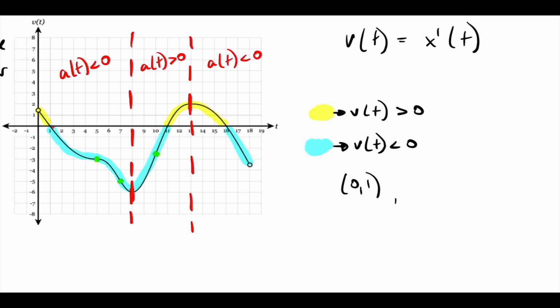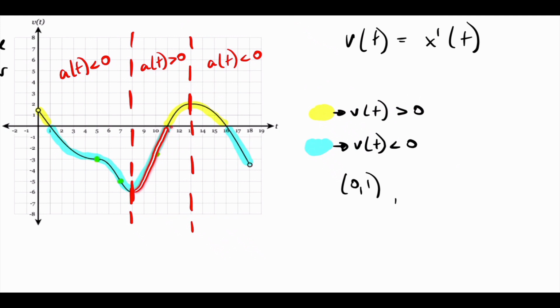And then velocity is negative, so is acceleration. I don't want that. I don't want the same sign. Okay, let's go to this one. In this little corridor, between the red, that's where acceleration is positive, right? So in between there, I'm looking for where velocity is negative. Right there.